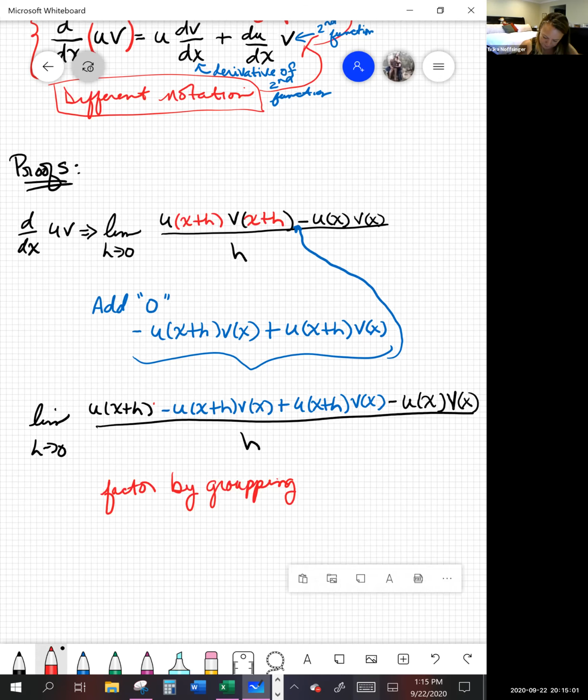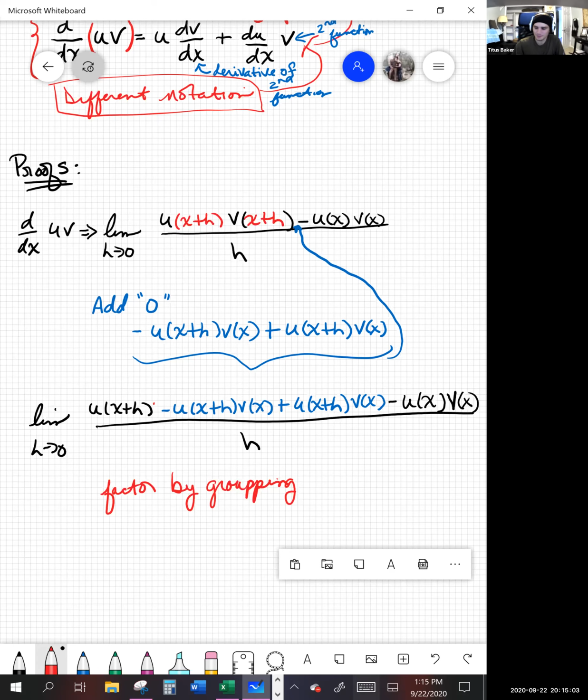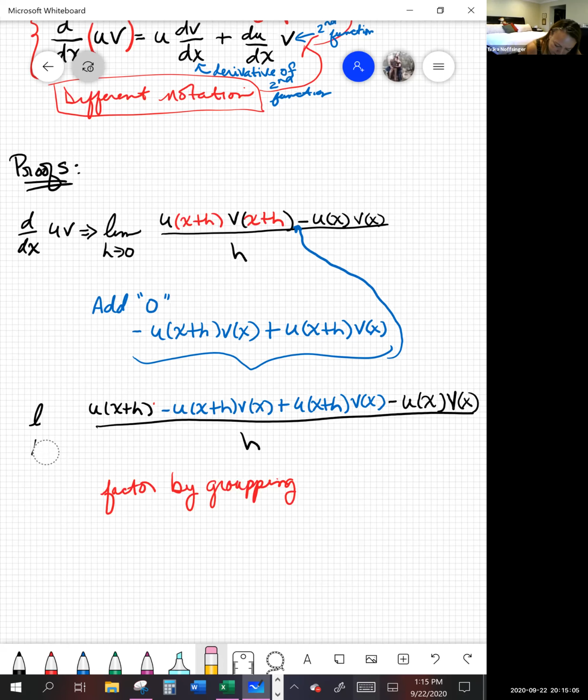No problem. So this still has this v times x plus h, and then we still have that limit. I would have noticed that on the next piece when I was trying to do the factoring by grouping, and so you just saved me a lot of heartache and your class some time.